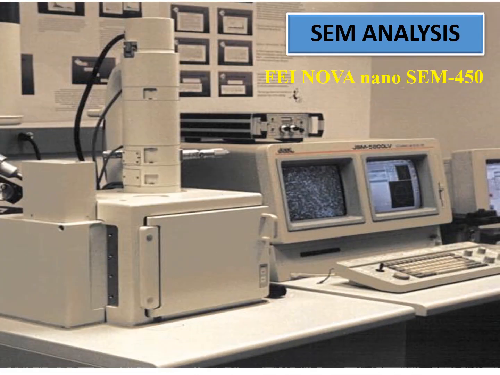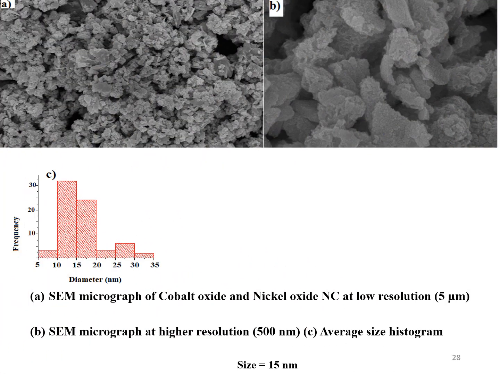We have also done the SEM analysis, and for this purpose we have used the Nova Nano SEM 450. This technique is used for the surface morphology of the nanomaterials.